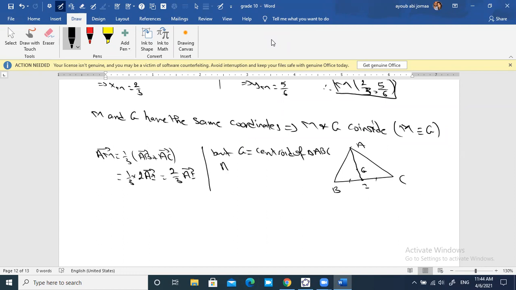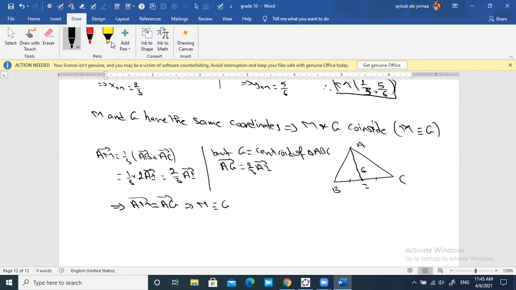This means that AM is equal to AG. It means that M is point G. Therefore, M is point G.